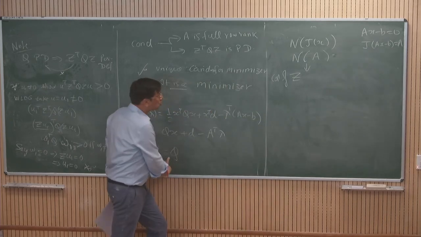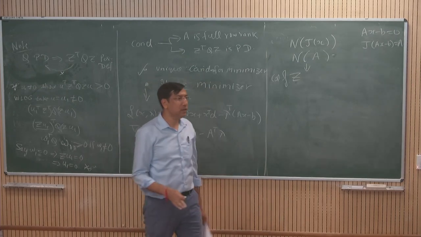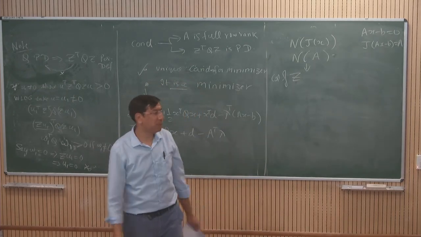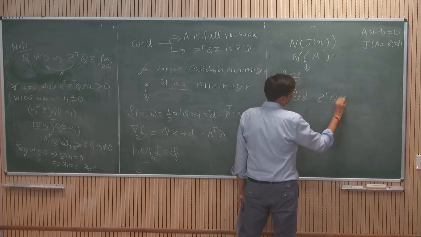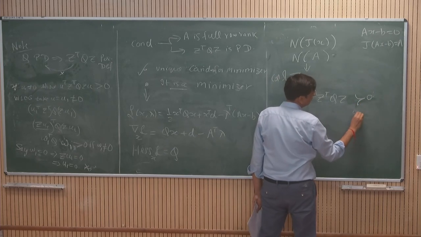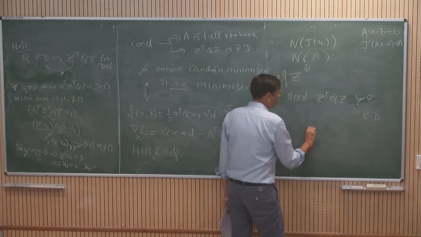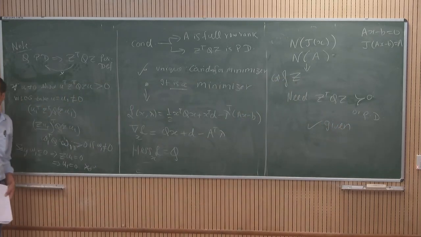That this should be positive definite over the null space of the Jacobian of constraints, or if Z is the matrix whose columns span that space, then we need Z transpose QZ to be positive definite. This is given to you in the problem. So hence the sufficiency conditions are also automatically satisfied. So once you solve for that unique minimizer, it will not just be a candidate, it will be a minimizer.